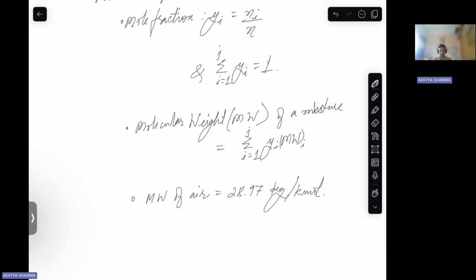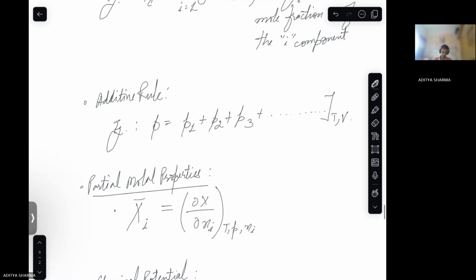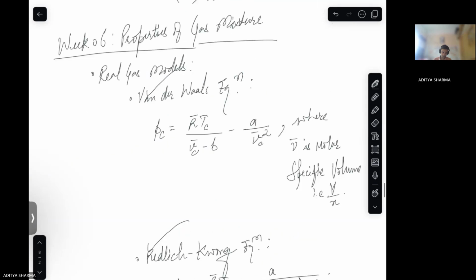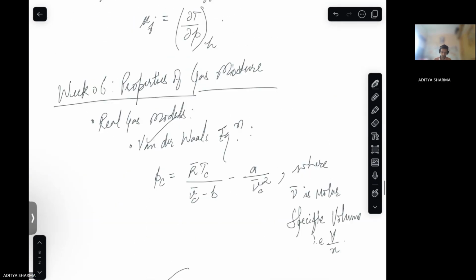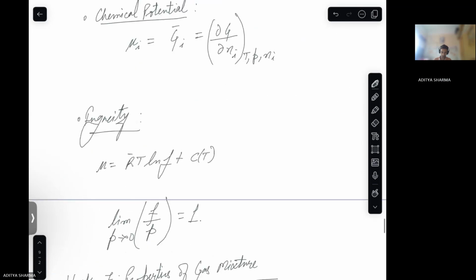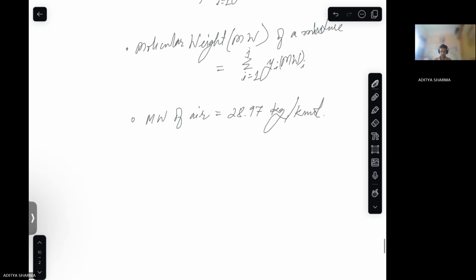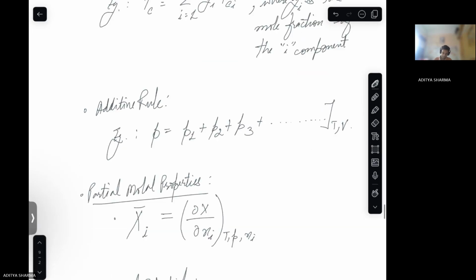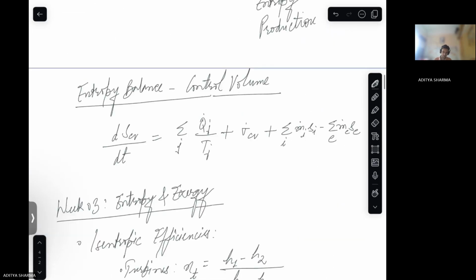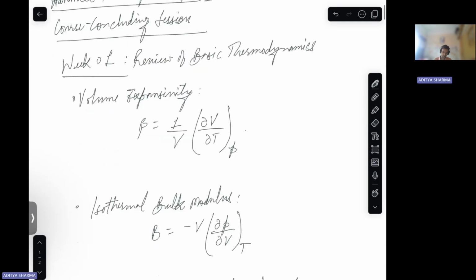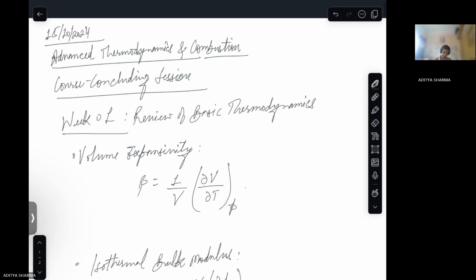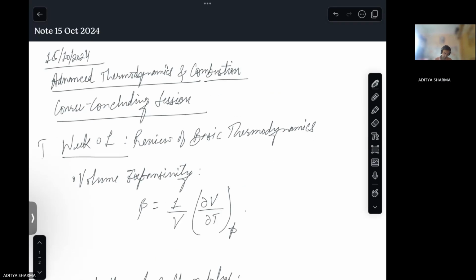Then we come to section 3. First, section 1.